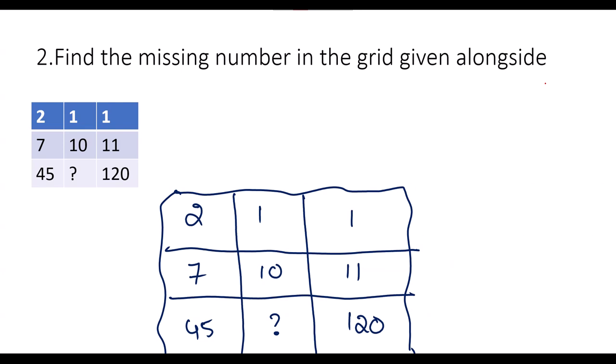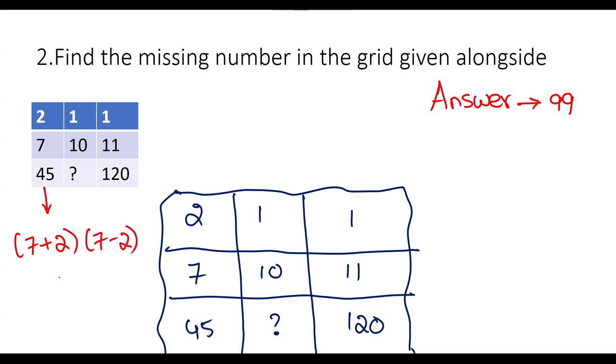Yes, anyone solved? Answer 99, perfect. 99 is correct. So the logic: this 45 is 7 plus 2 into 7 minus 2, which is 9 into 5.